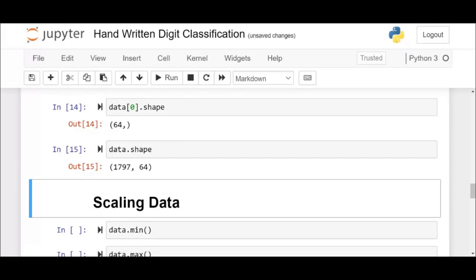Is it clear? So we need to flatten our image before processing it. Even if it is three-dimensional in terms of RGB, we have to flatten it before actually running the algorithm.